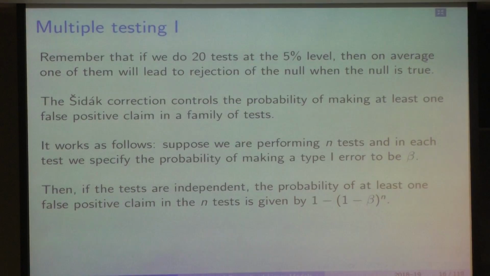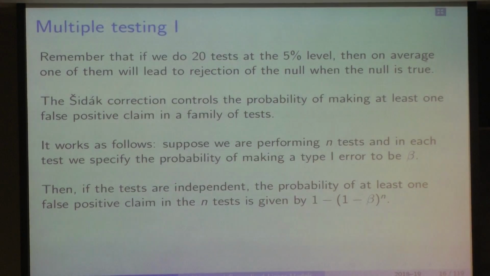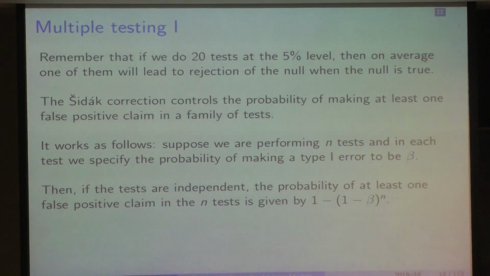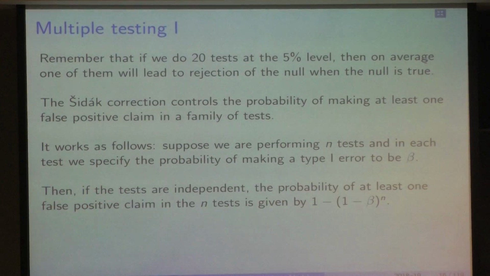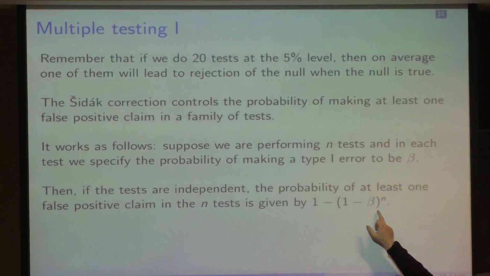Okay? Now, if we do this, then the probability of getting a false positive, if the null hypothesis is true, and the tests are independent, then the probability of not getting a false positive is (1 − β)^n.